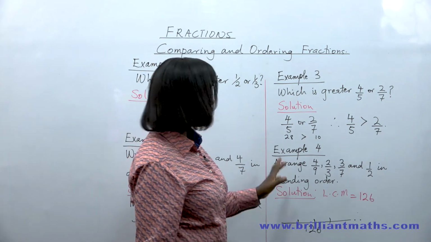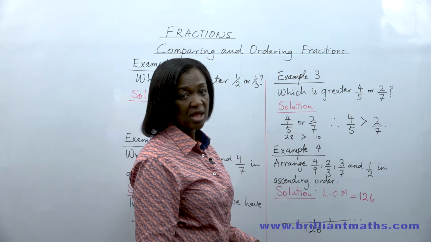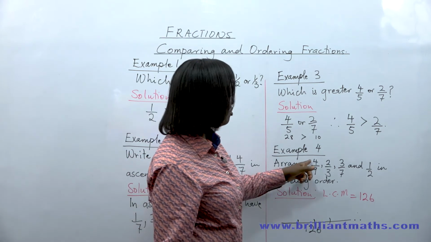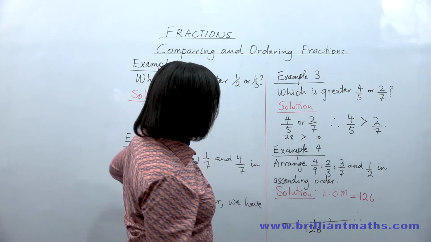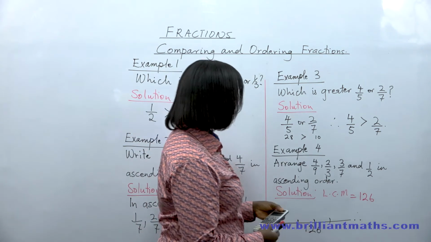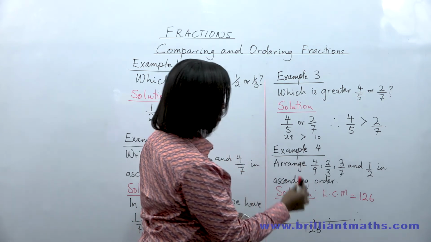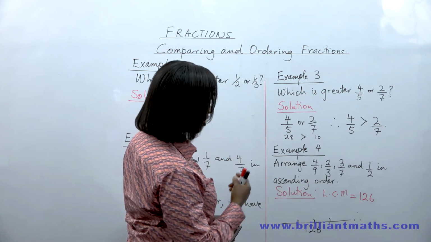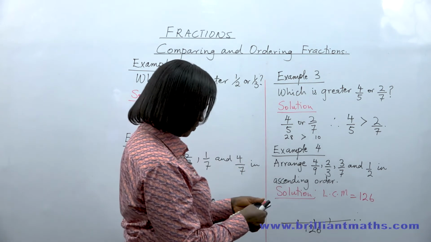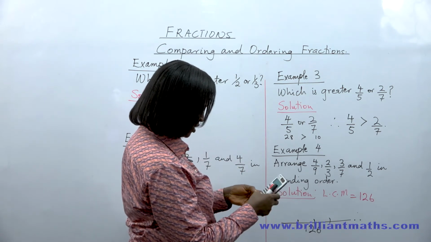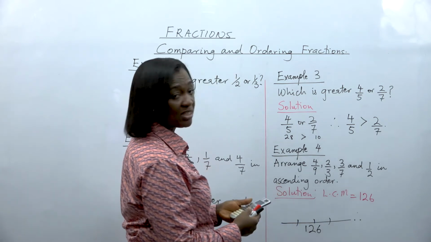So next, we divide the LCM by each of the denominators, and then multiply each by the numerator to find the equivalent fraction. So 126 divided by 9 is 14. So 14 times 4 equals 56.